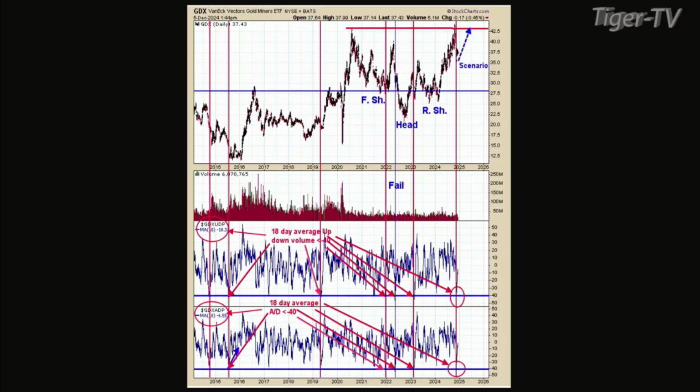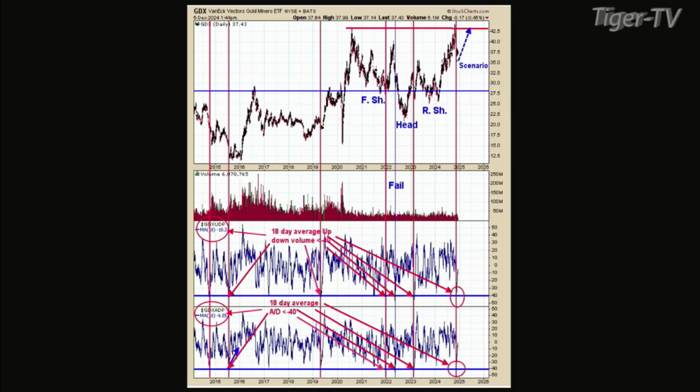I think the pattern that's forming on GDX, the top window, the head is the 2022 low, the right shoulder is late 2023, early 2024. We're going to take a shot at that neckline, which is up around 43, give or take. And will we bust through it next time around? Actually, I do think we will.